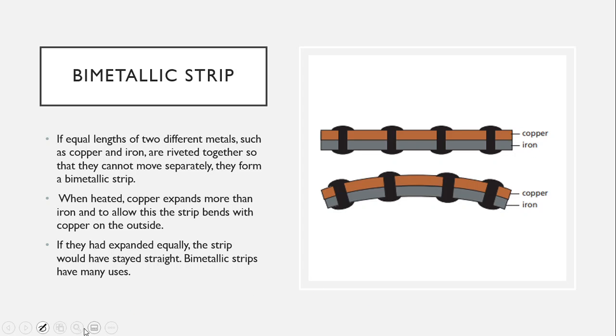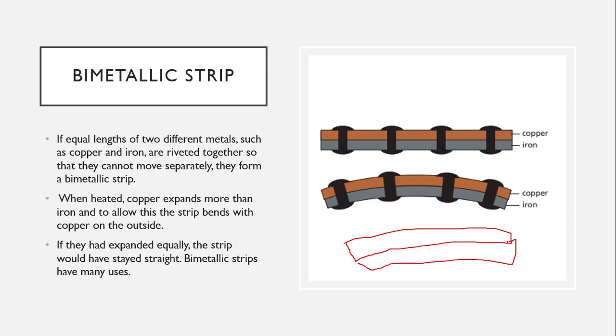But in this case, this is copper that has expanded, and this is iron which has expanded to a much lesser extent than copper. So it brings out this curvature or curved bend shape. And we're going to talk about the applications of bimetallic strips now.